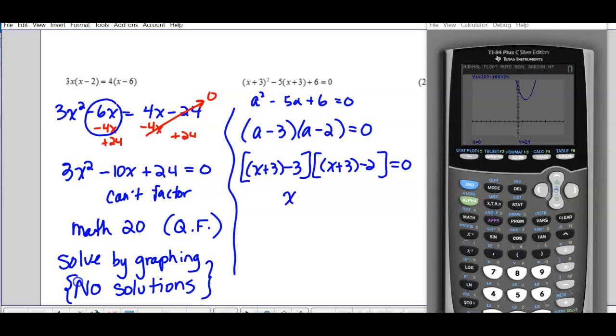We don't even need brackets. Next one, x plus 3 minus 2 is x plus 1. So if you had expanded and simplified, you would have got x squared plus x equals 0.